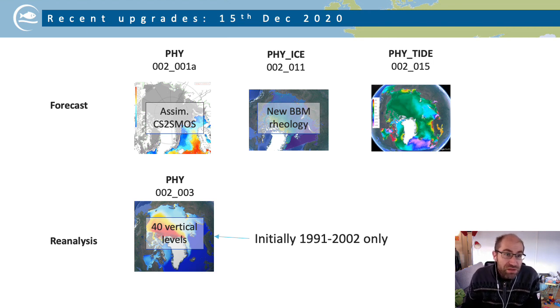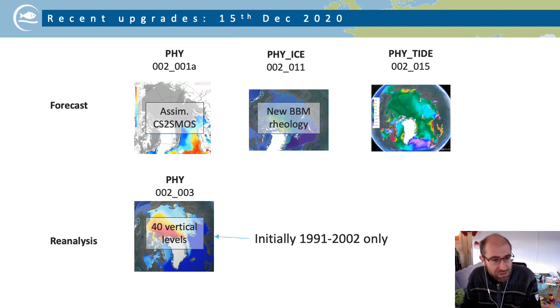Most recent updates for the systems in the forecast are the assimilation of the CS2SMOS product, so the merger of the CryoSat-2 and SMOS satellites, providing sea ice thickness. In the neXtSIM model, we have updated the rheology to the brittle Bingham-Maxwell rheology. Before that, the rheology was the Maxwell elasto-brittle rheology.